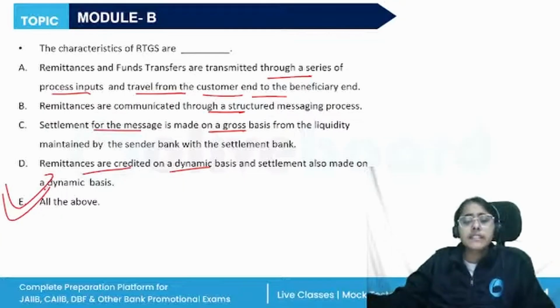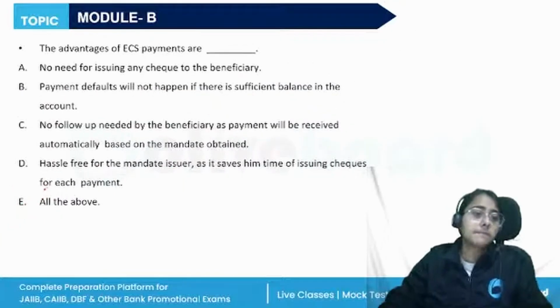Then a structured message is created under the RTGS, authenticated and communicated to the payment system gateway. The messages will be received, authentication will be done, and the beneficiary bank will send a message for the credit of the beneficiary. All right. So all of these are the characteristics of RTGS.